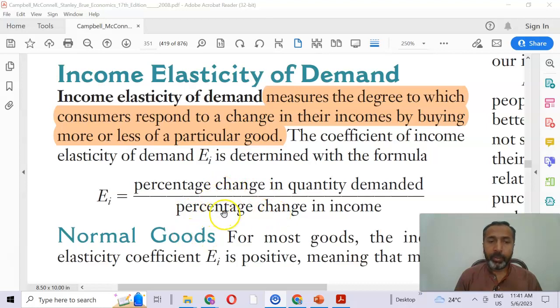Now it depends upon the types of those products. If the goods are normal goods, then when income increases, consumers will buy more of that product, and the answer of income elasticity of demand will be positive. So we will conclude that whenever the answer of income elasticity of demand is positive, that particular product is a normal good.